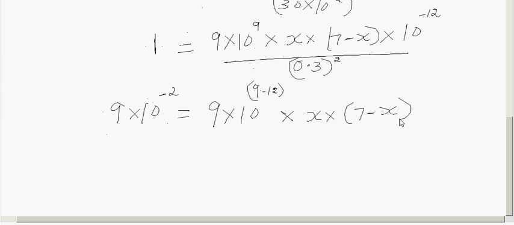Simplify. Here 9 minus 12, that is minus 3, and 10 to the power minus 2. So they cancel, and here 10 to the power minus 1 will remain. You can bring that 10 to the power minus 1 to the other side. So we will get 10 equal to x into 7 minus x.